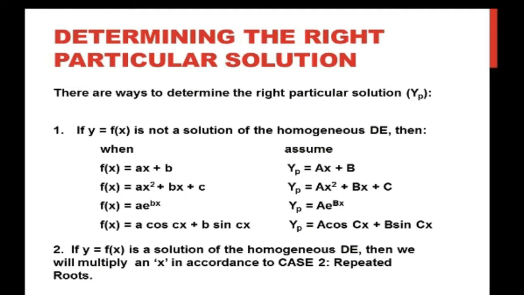Then, same here sa pangalawa, pangatlo, and pang-apat. The next is, paano kung solution na siya ng homogeneous DE? So, susundin natin yung case 2 sa previous lesson na repeated roots na nagmumultiply tayo ng x sa each term. So, para ma-illustrate natin ng maayos at malinaw, here's Rika to give examples.